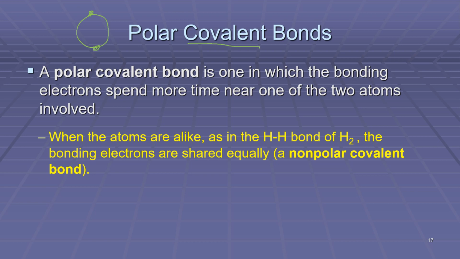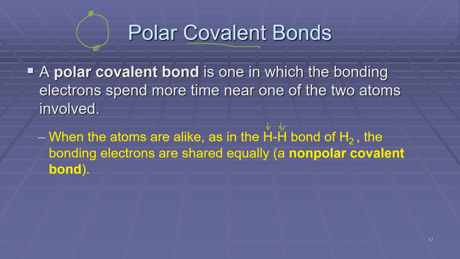So a hydrogen-hydrogen bond would be considered nonpolar. Why is that? That's because the 2 atoms on either end of the bond are the same exact atom. So if they're the same, that means that they're sharing the electrons equally because they each have a similar attraction to the electrons. Remember, we talked in the last chapter about electron affinity. Some atoms pull electrons tighter to themselves than other atoms.